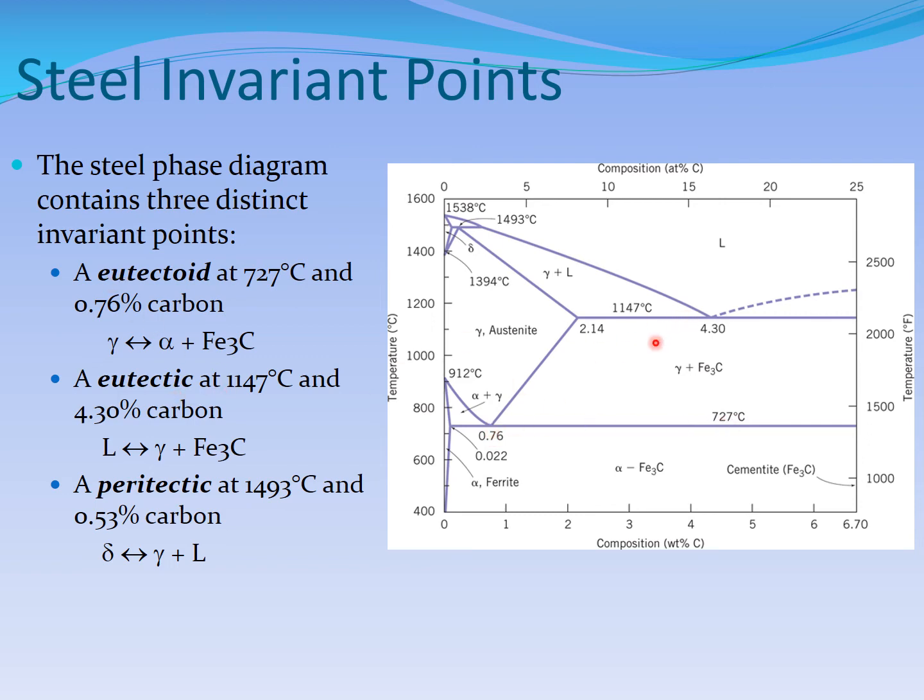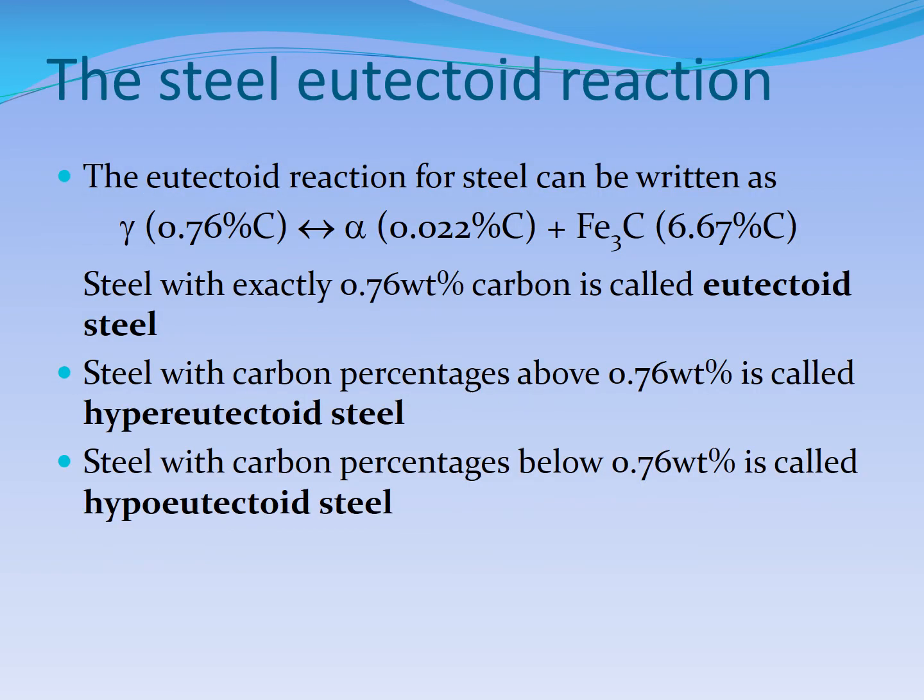Eutectic: 1147 temperature and 4.3% carbon. And peritectic: 1493 Celsius and 0.53% carbon. So these are the three invariant points where one phase suddenly changes into two phases. And here we are giving you more details of the eutectoid and so on.